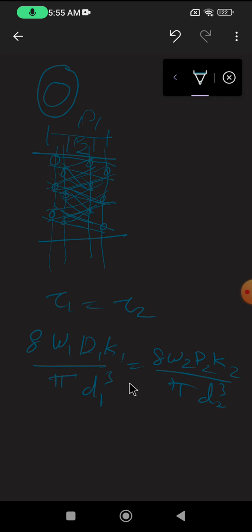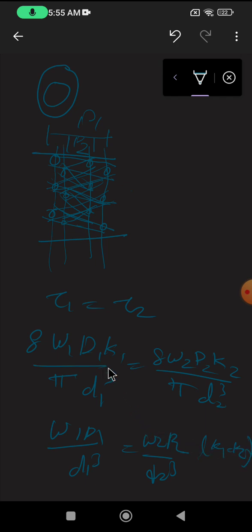So when the stresses are equal, and K1 is equal to K2, then W1 D1 upon d1 cube is equal to W2 D2 upon d2 cube.